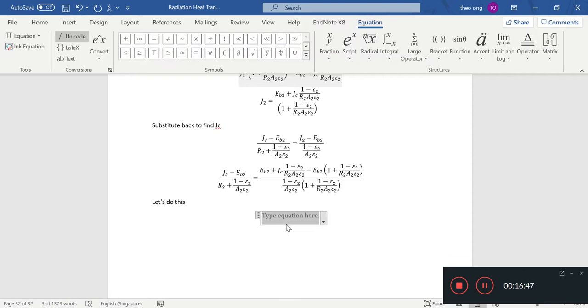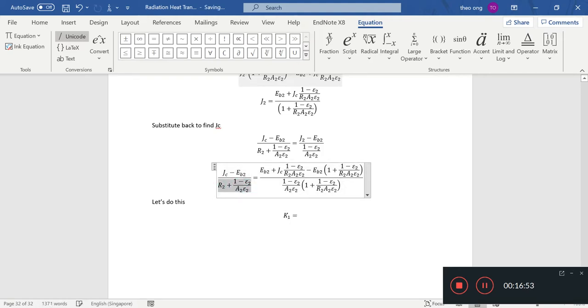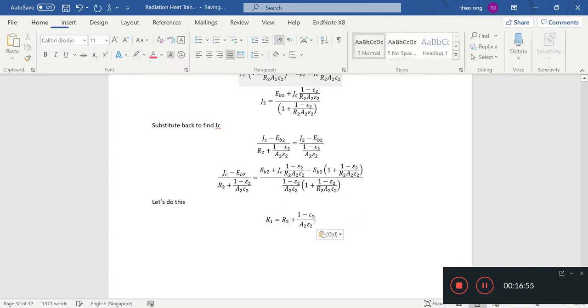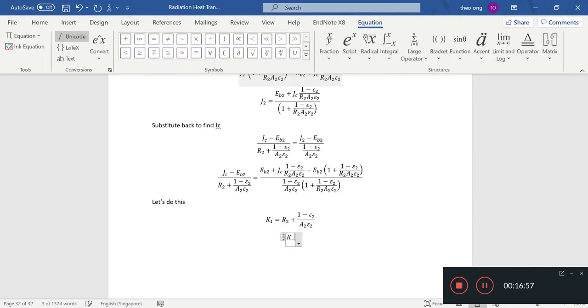Okay, let's do K1 equals whatever this junk is at the bottom. K2 equals this.